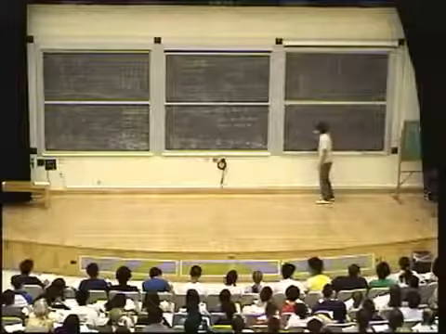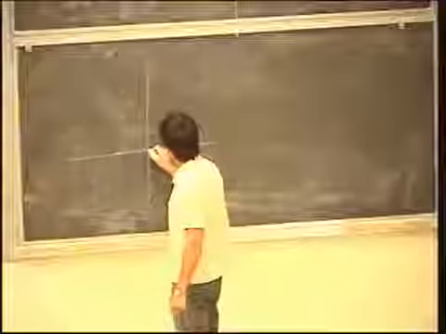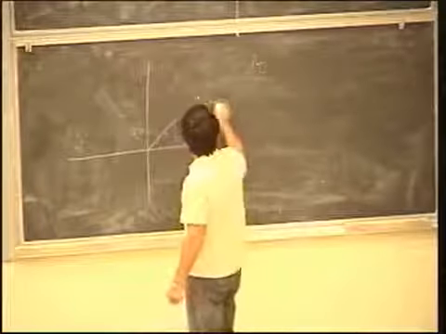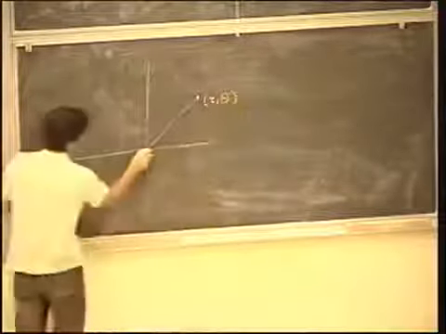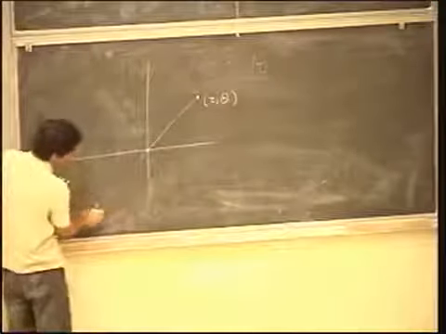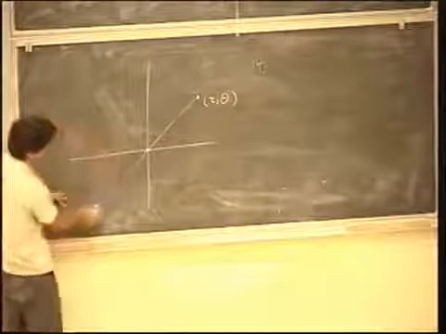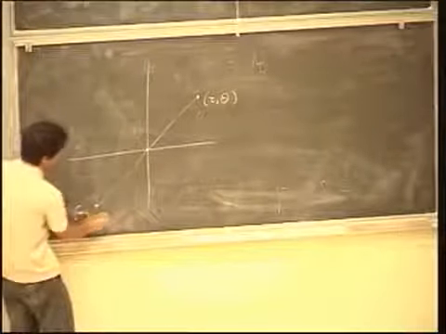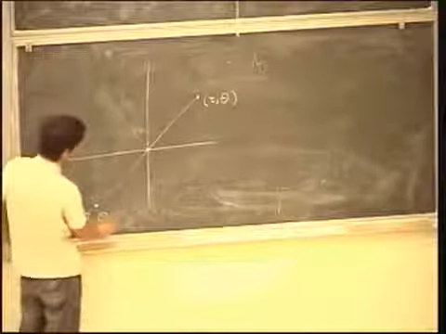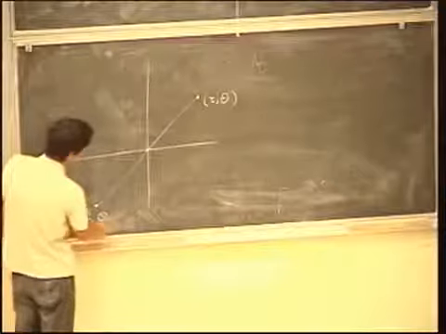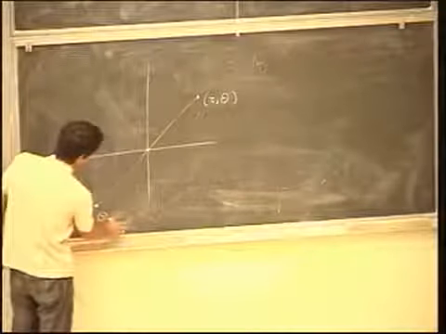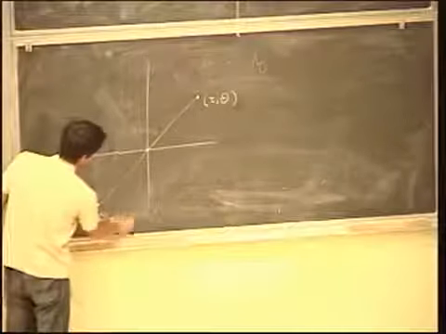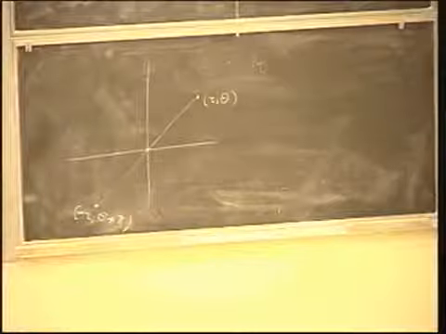The rule is like this: if you have a point like this, r theta, then its mirror image, the point obtained on the other side of this line, will be called minus r, theta plus pi, right? Right. So we'll follow this rule for negative r.